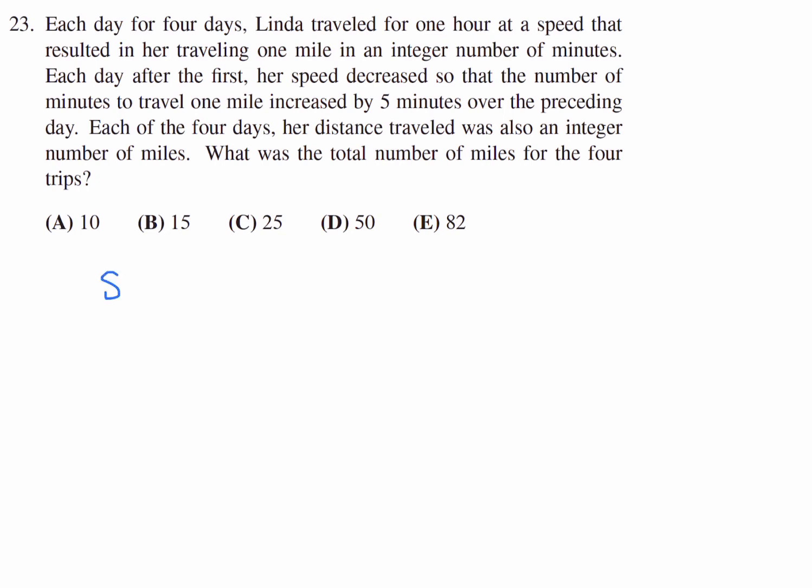Well, speed is equal to distance over time, and if we made a little list here, miles per hour, and the amount of minutes it takes to travel 1 mile, well, we will only get integer values. For example, for 60, it would be one minute to travel 1 mile. And similarly, integer values will only happen for factors of 60.